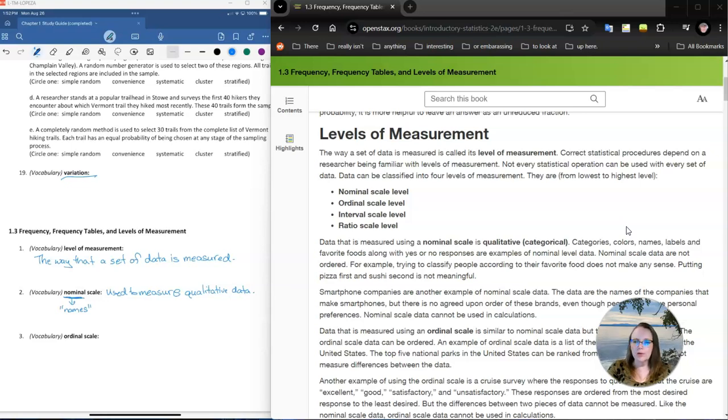So nominal scales, they're not in any kind of order at all. So categories, it doesn't make sense to put in order. Used to measure qualitative data that does not naturally fit into an ordered list.